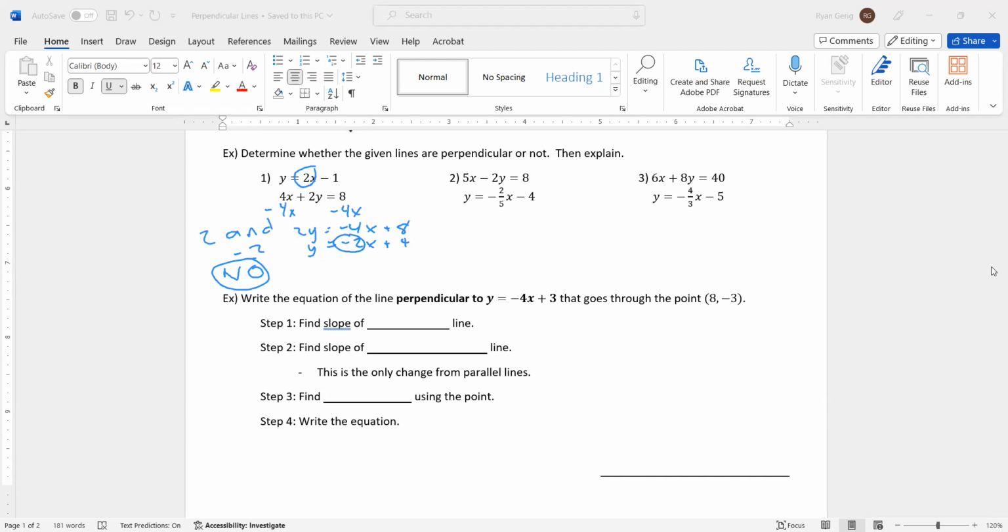Okay. Next one. Transform the first one, subtract 5x, I get negative 2y equals negative 5x plus 8. Divide by negative 2. Negative 5 divided by negative 2 is 5 over 2. Positive. 8 divided by negative 2 is negative 4. So we're comparing negative 2/5 and 5 over 2.